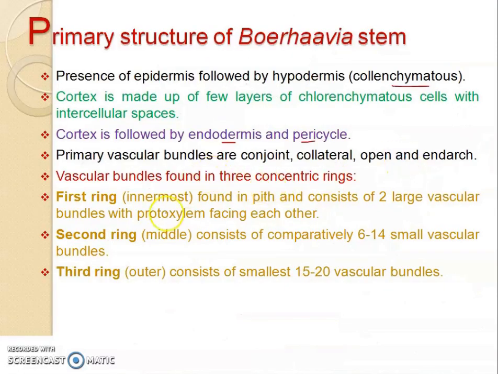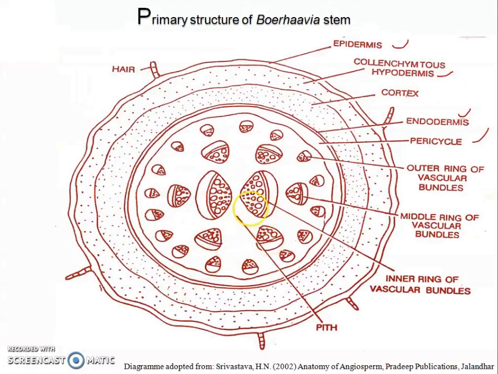Here, in this case, primary vascular bundles are conjoint, collateral, open, and endarch. The vascular bundles are found in three concentric rings: first ring, second ring, and third ring. First ring is the innermost ring, which consists of two vascular bundles which are larger in size than the other vascular bundles.